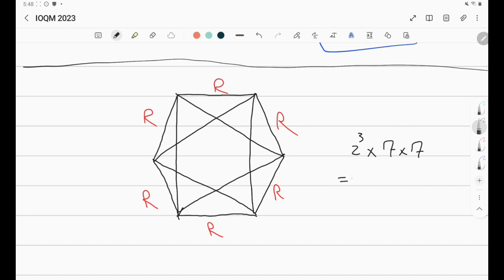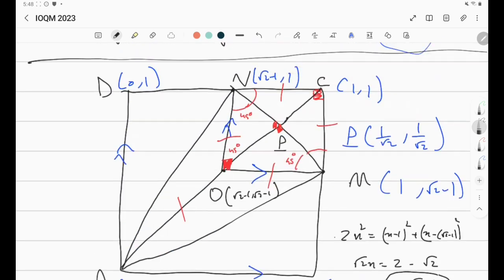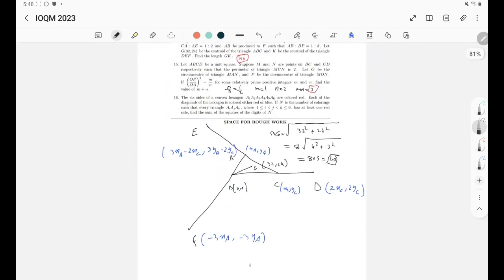So simply this is 8 times 7 times 7, which is 392. And remember, the question asked us to find the sum of the squares of the digits. So basically the answer is 3 squared plus 2 squared plus 9 squared, and this is just 94, which is the answer. So let's go write that.